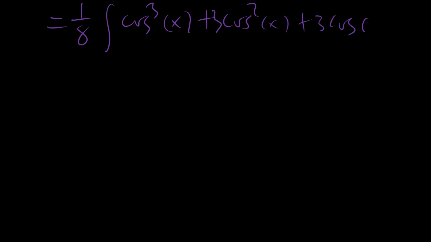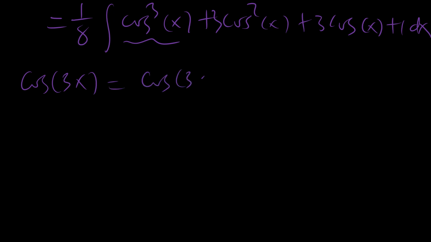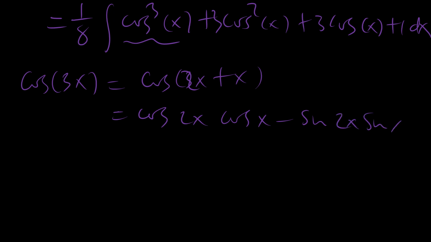So this is a very interesting one, and this comes from cosine 3x, this being equal to cosine 2x plus x, which is cosine 2x cosine x minus sine 2x sine x, which is the same as here we have 2 cosine squared x minus 1 cosine x.